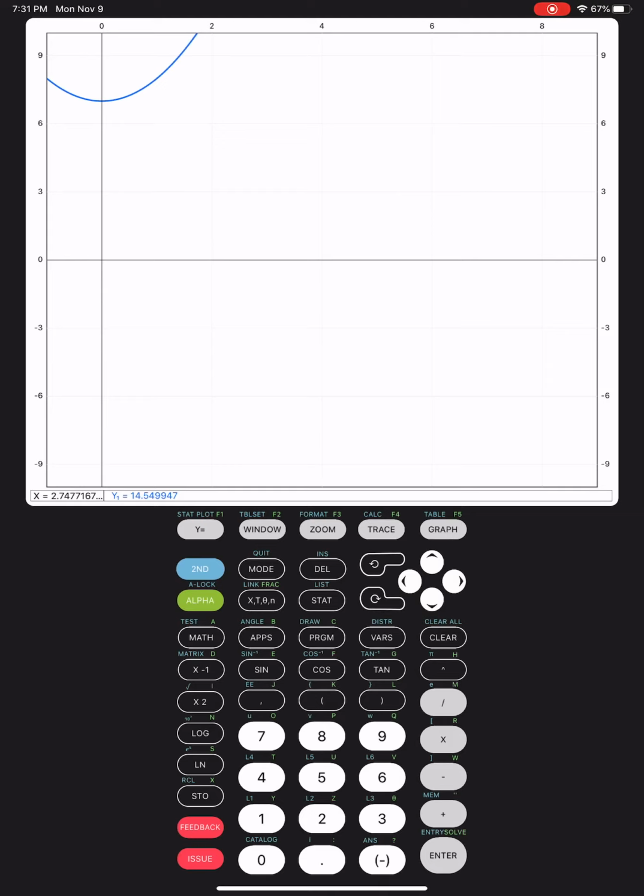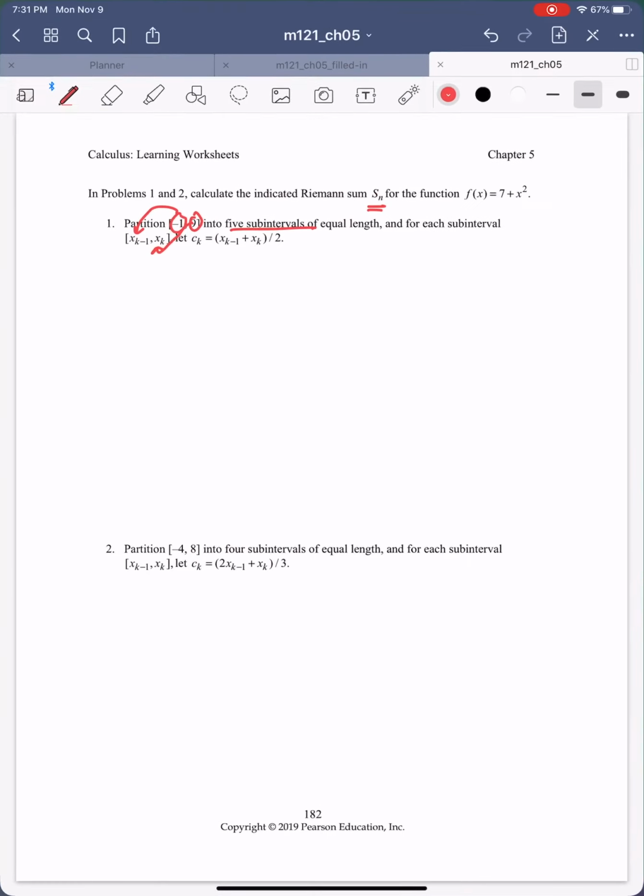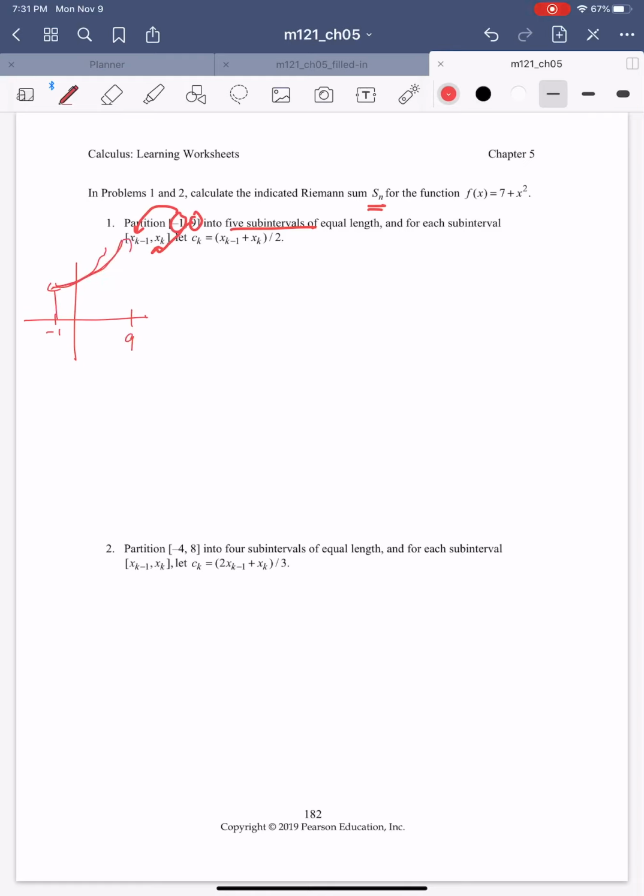So we are looking at this curve only, and finding the area underneath the curve. Something like this, all the way up to 9, and considering these areas.